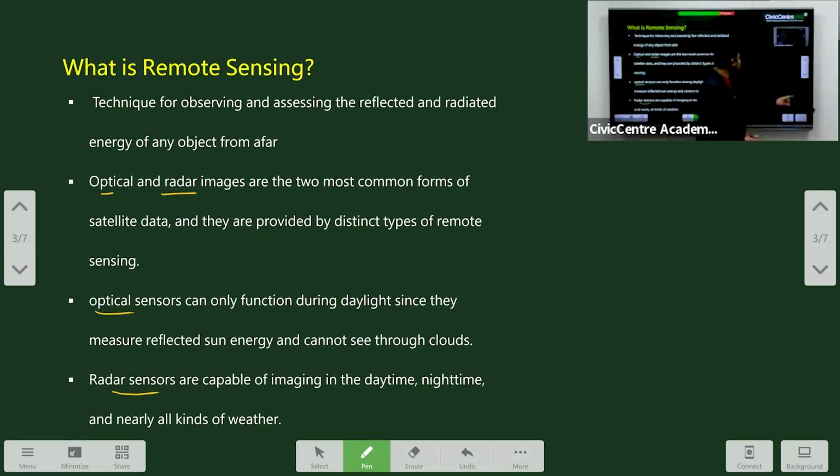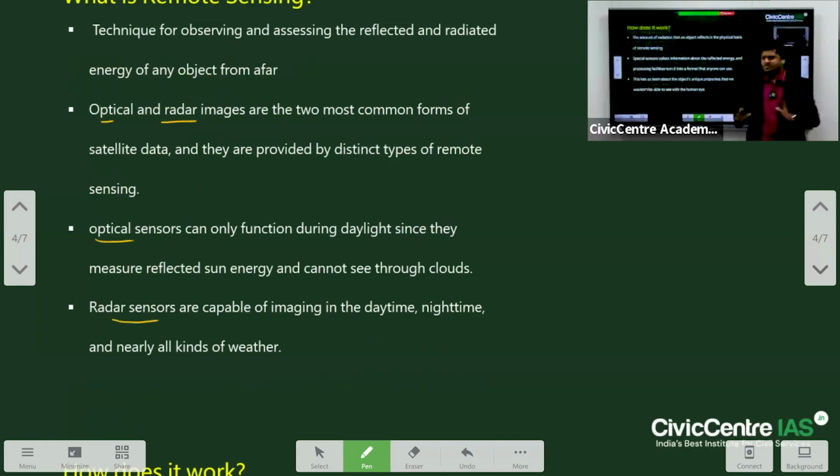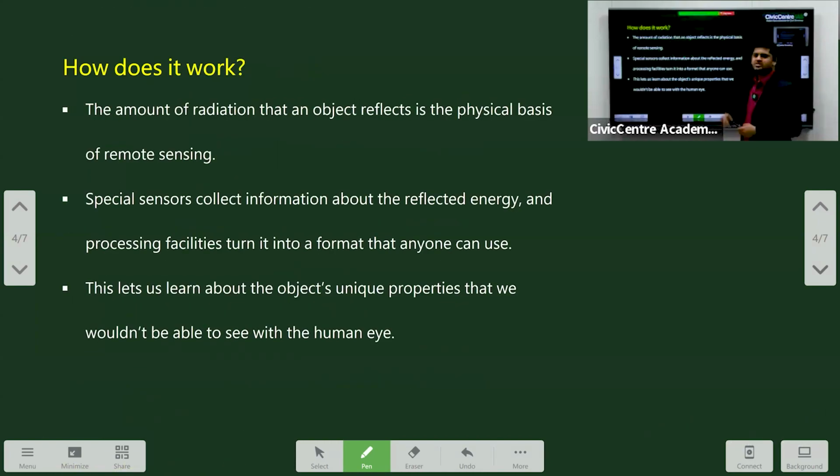Now that we have understood the basic thing in remote sensing satellites, how do they actually work? The amount of radiation that an object reflects is the physical basis of remote sensing. For example, when there's radiation coming, that object is going to reflect it. But this reflection rate depends on different objects.